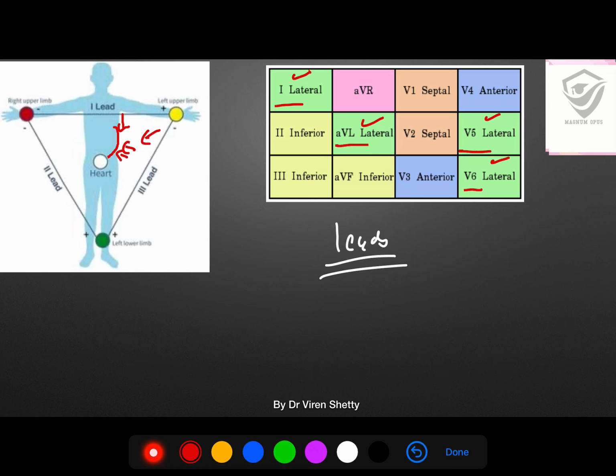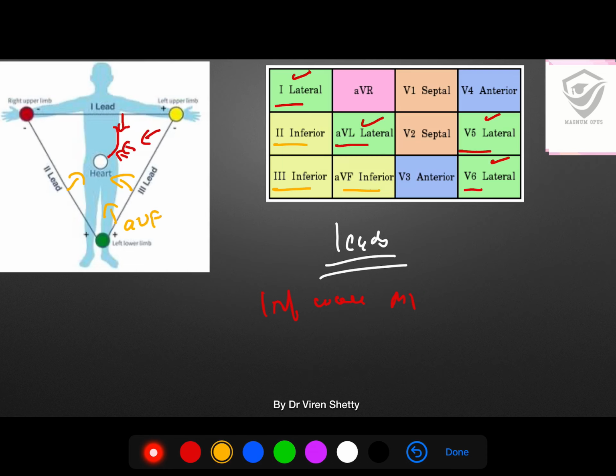Now the most common MI that we see is an inferior wall MI. If you have an inferior wall MI, it is lead 2, lead 3 and lead AVF. See, lead 2 is looking at the heart from here, lead 3 is looking at the heart from here, and lead AVF is also looking at the heart from here.